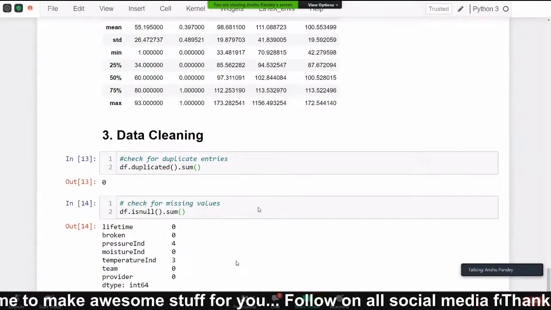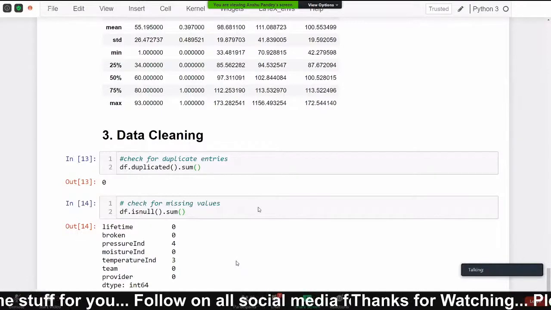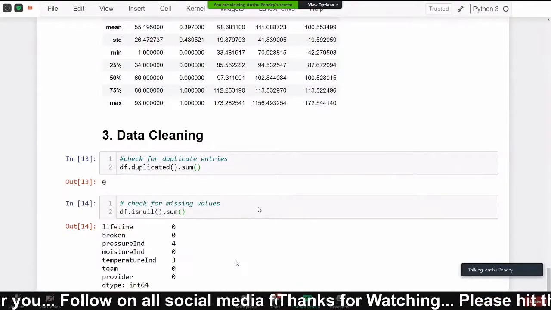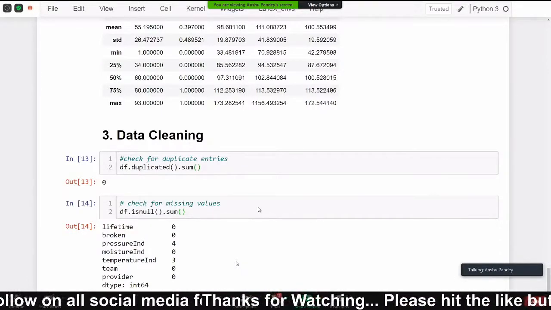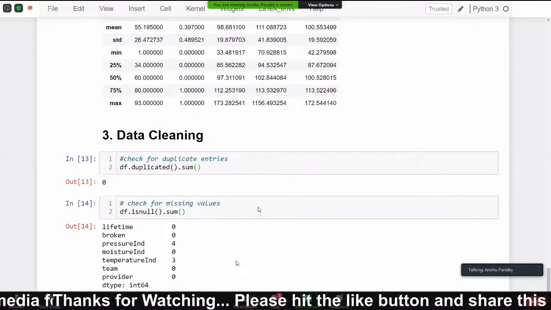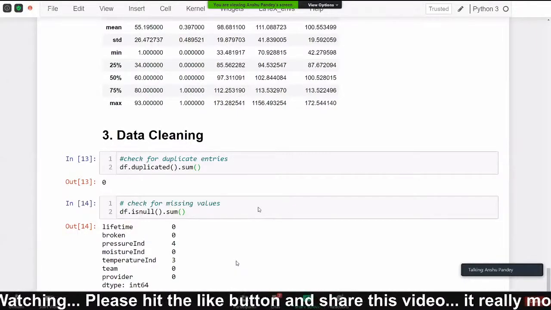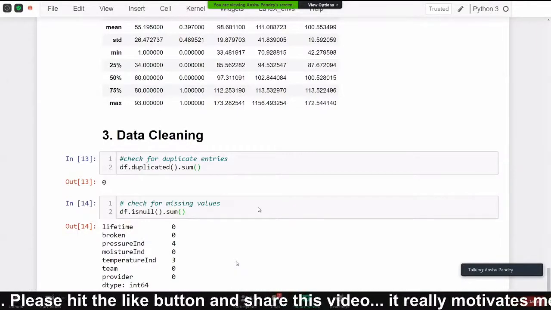That could be the mean, median or mode of that particular column. We would not want to drop those rows where we have missing values. Rather, we would want to fill in the missing values with some statistical value, which could be the mean, median or mode of the data.